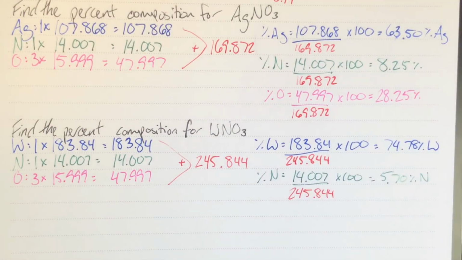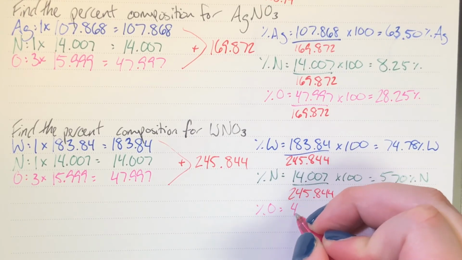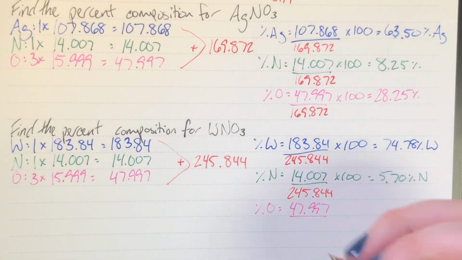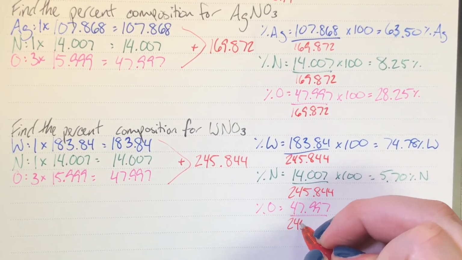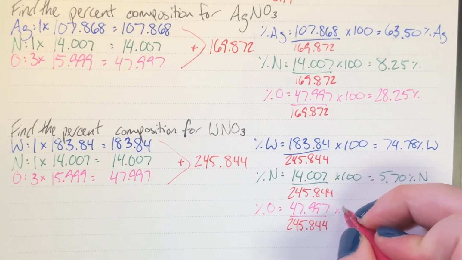And then my percent oxygen is going to be 47.997 divided by 245.844 times 100.